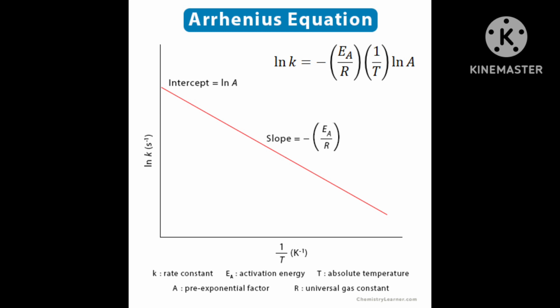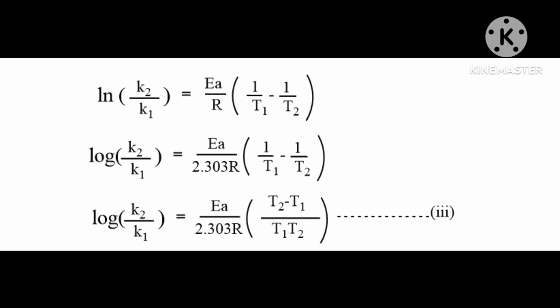Means from the K2 expression, you have to deduct the K1 expression. Okay, ln K2 is equal to minus EA divided by RT2 plus ln A. You write that upside, and down you write ln K1 is equal to minus EA upon RT1 plus ln A, and do subtraction. Then what will happen?